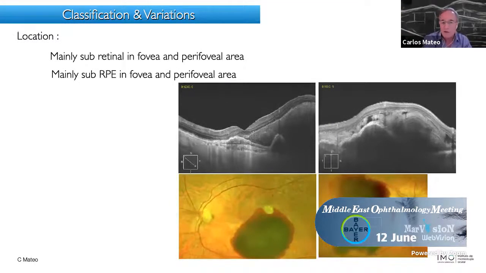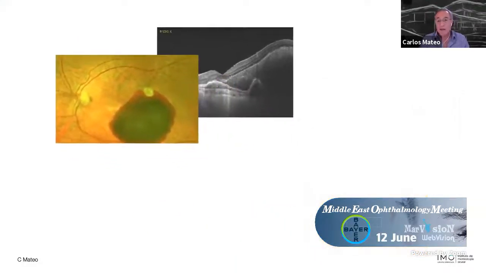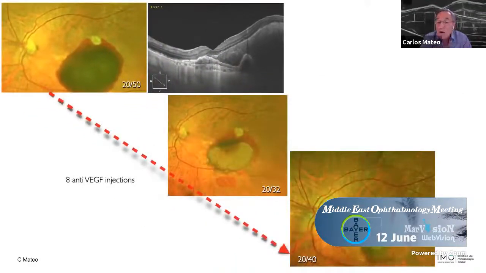On the left, you can see an eye with a subretinal hemorrhage that is mainly subretinal, but on your right, it's mainly sub-RPE. Let me show you. In this case, with only injections, you can have a wonderful evolution. You arrive, like in this case, at 8 anti-VEGF injections, and with Eylea injections you arrive at 24 and it is maintained more or less stable.